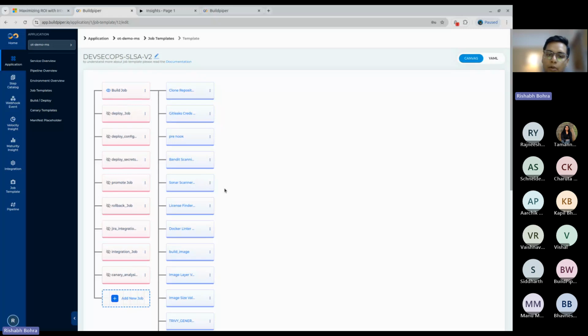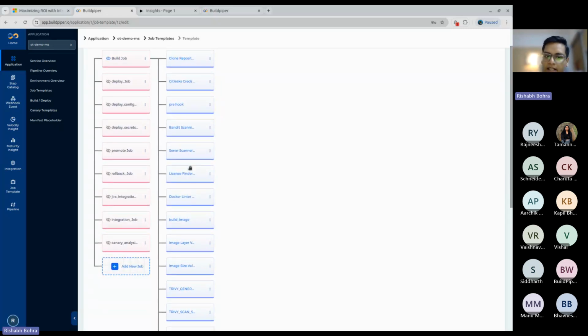And then we are doing the basic static analysis using the tool Bandit, which is a Python-specific static code analyzer. And then we are doing a complete, extensive static analysis using SonarQube.